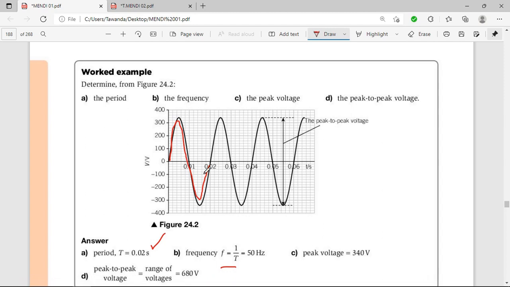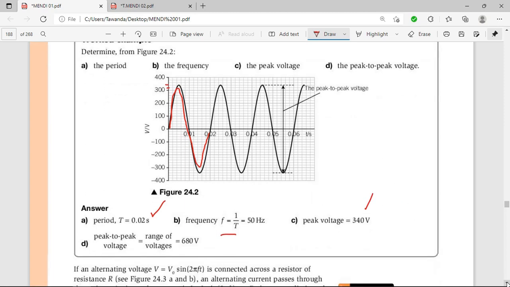Then the peak voltage, that is the maximum voltage, as you can see, the maximum voltage is 340, because there are 1, 2, 3, 4, 5. Each small box represents 20. So the peak is 340 volts. That is our peak voltage.